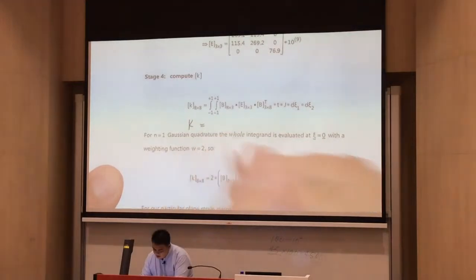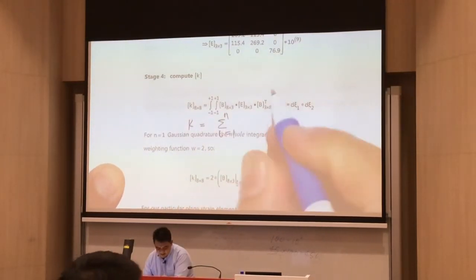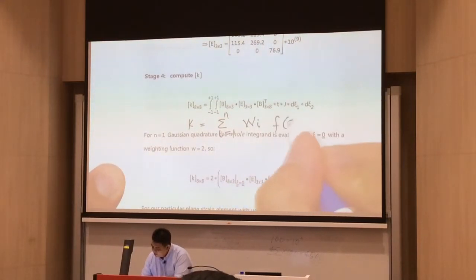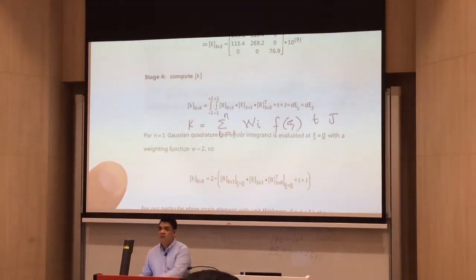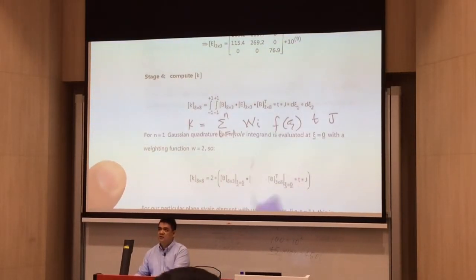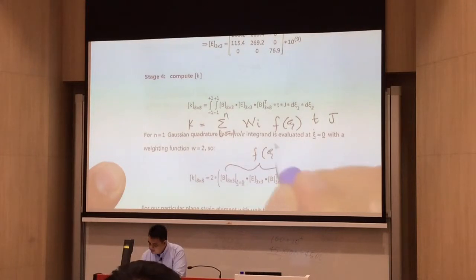Your k will be equal to summation I equal to 1 to n, Wi, function C, thickness multiplied by your Jacobian value. So since n is equal to 1, this one is that W there too. This will be your thickness there, and this will be J. So this will be your function C.